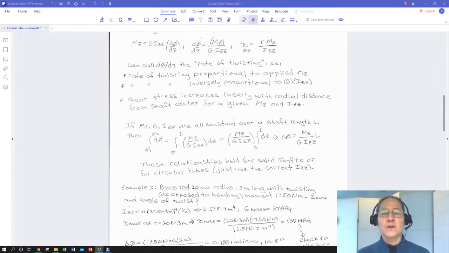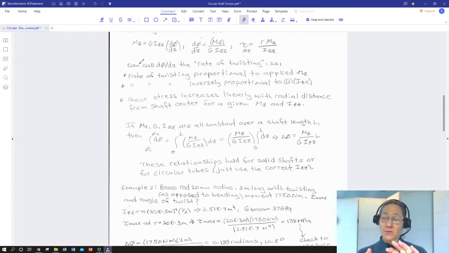In our previous lecture we derived expressions for applied moment, twist angle per unit length of a shaft, moment of inertia about the axis of the shaft, our I_zz or polar moment of inertia, and our shear modulus.